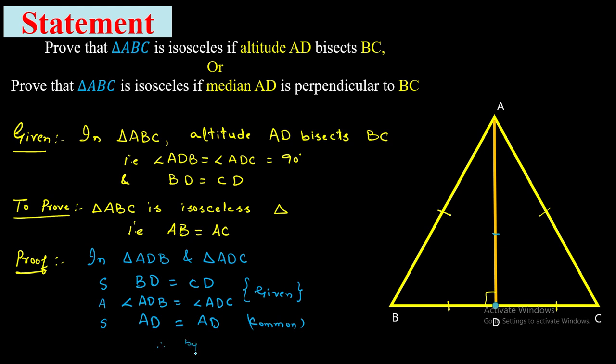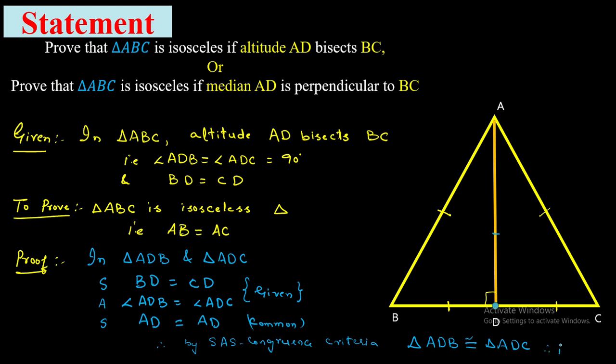Therefore, by side angle side congruence criteria, triangle ADB is congruent to triangle ADC. And when triangles are congruent, corresponding sides are equal.